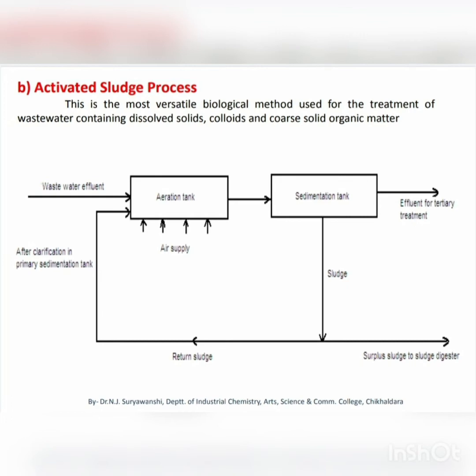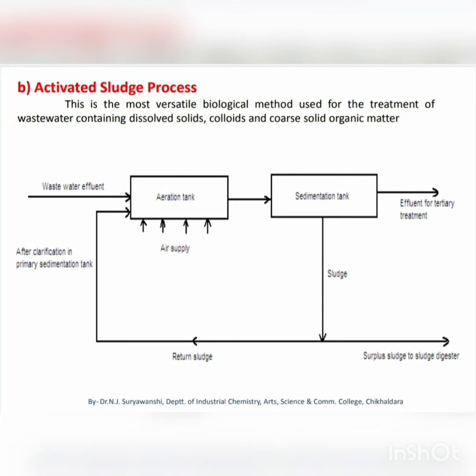The aerobic bacteria carry out the biological degradation of the organic wastes into carbon dioxide and water while consuming some matter for synthesis of bacteria. The bacteria grow and remain in the form of floc, which is called activated sludge.